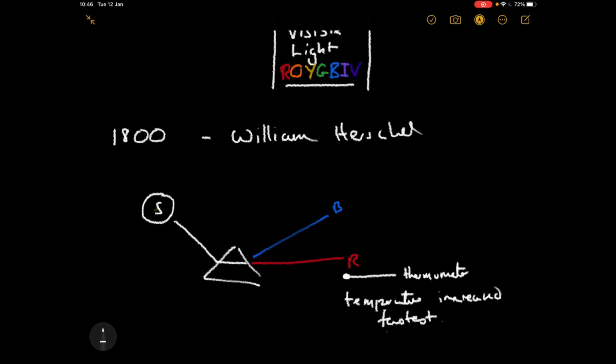And that discovery told him that there must be this kind of weird, mysterious radiation, this weird, mysterious stuff just beyond where you could see that was responsible for the feeling of warmth that you get when you hold your hand out into the sunshine, that it was mostly responsible in this region here.